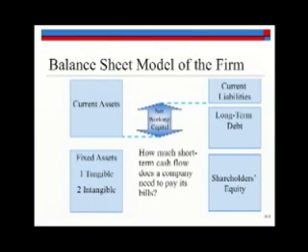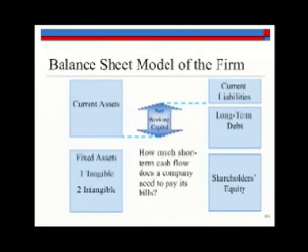Intangible being things like goodwill, and tangible assets being things like property, plant, and equipment. And on the right side we see the liability and equity section of the balance sheet. And liabilities have been broken down into current liabilities and long-term debt. And then what remains is the capital contributed by shareholders, or shareholders' equity.